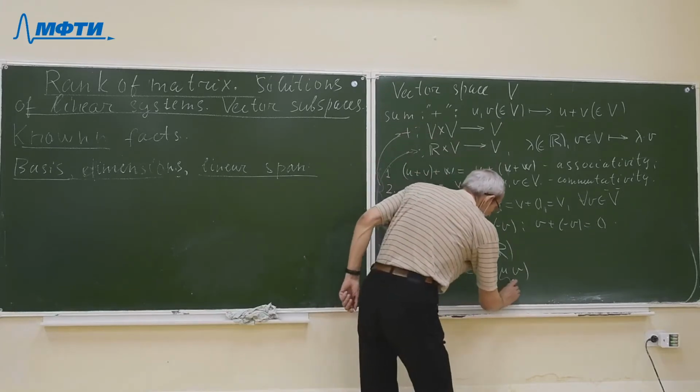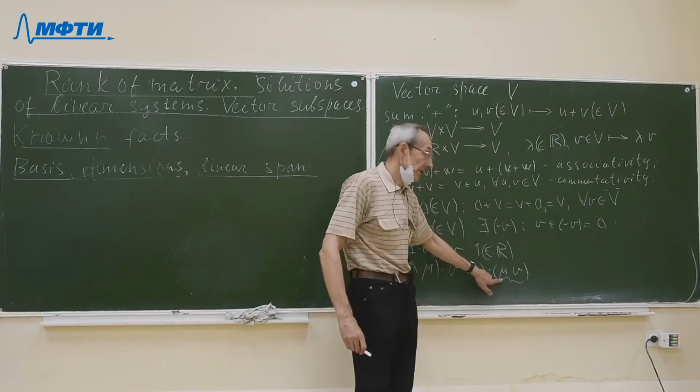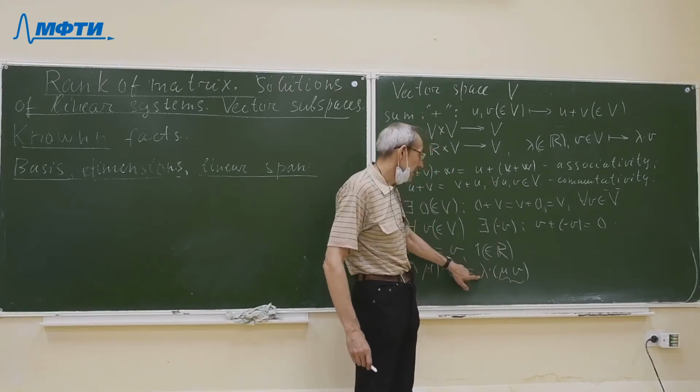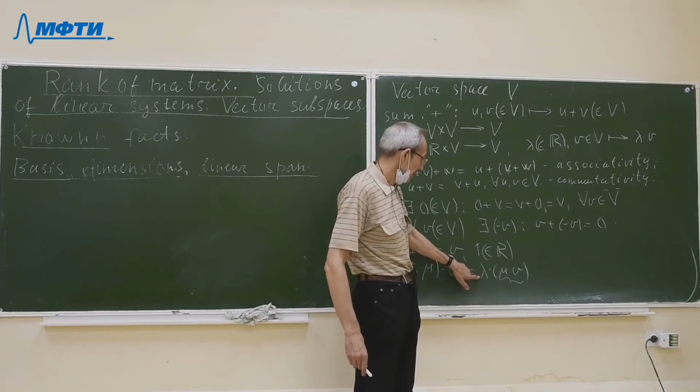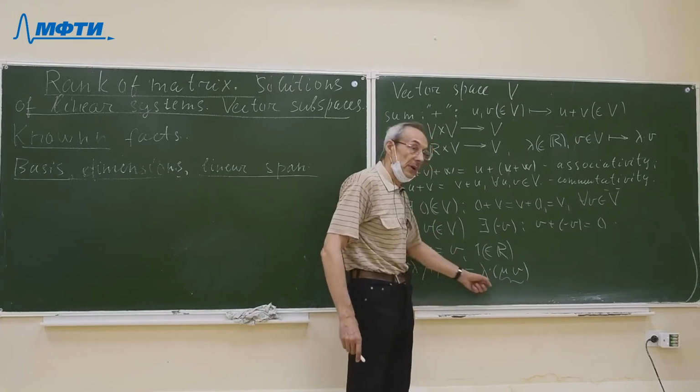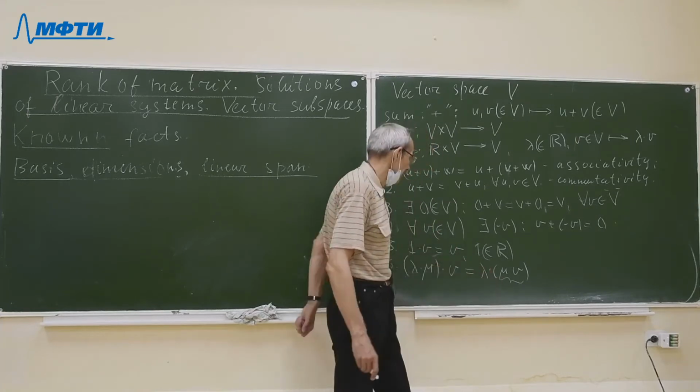This product is a vector, and the product of number lambda and that vector is also a vector, and these two vectors must be equal.